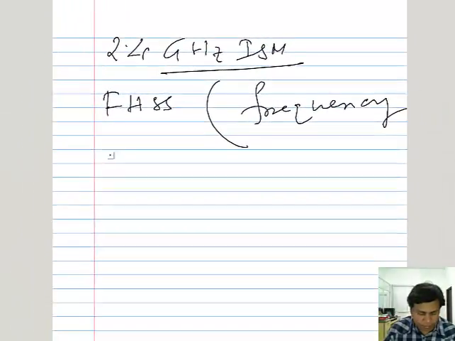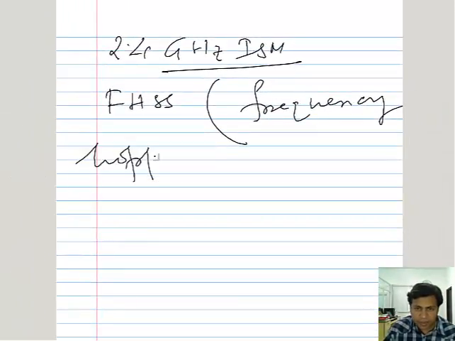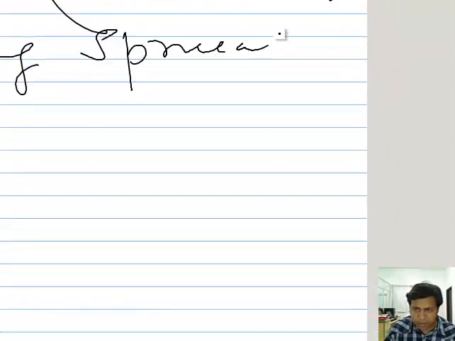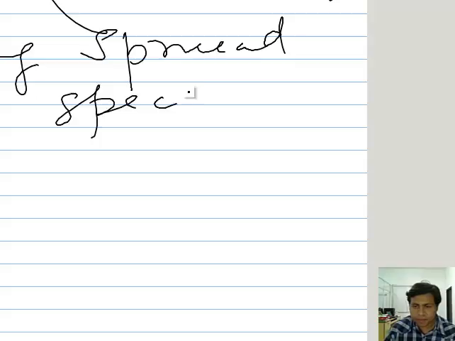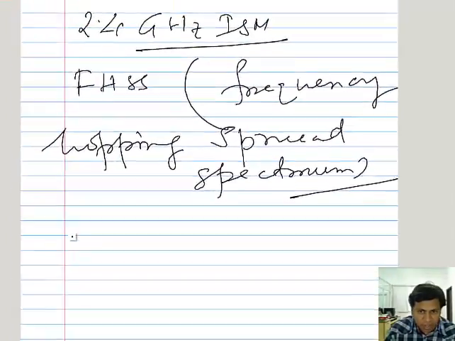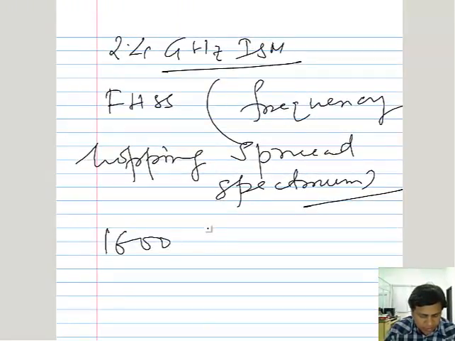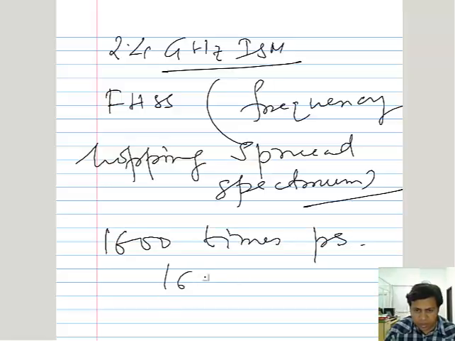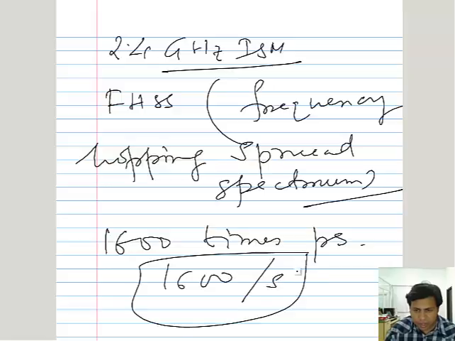Frequency hopping spread spectrum, this is the full form. Bluetooth has hopping of 1600 hops per second. This is the hop count of Bluetooth, which means there is a frequency of 1600 times per second.